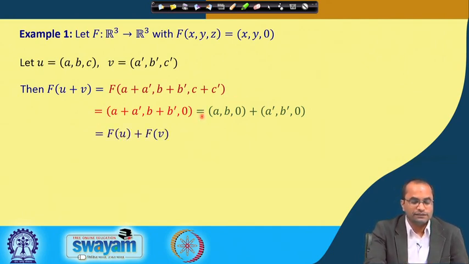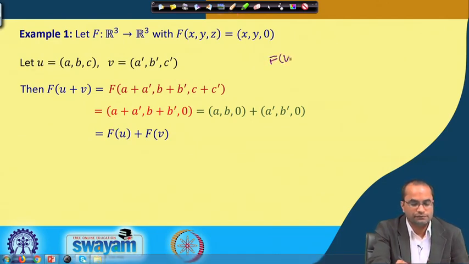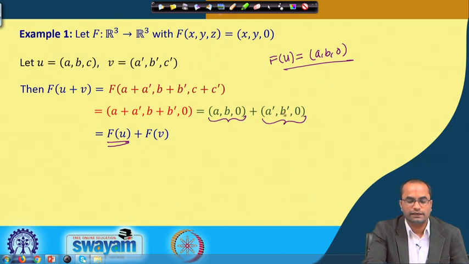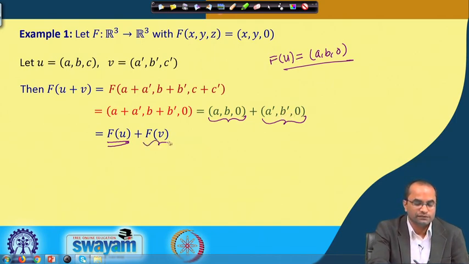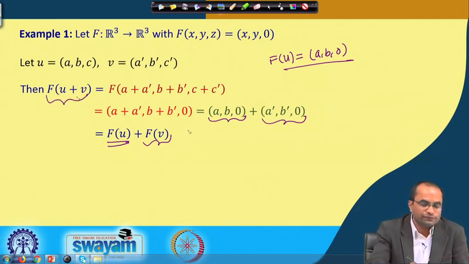So, here this (a, b, 0), again as per the definition, is f of u, because when we take f of u, where u is (a, b, c), this will give (a, b, 0). And this (a dash, b dash, 0) is nothing but f v. So, what we have seen here is that f of u plus v is equal to f u plus f v.